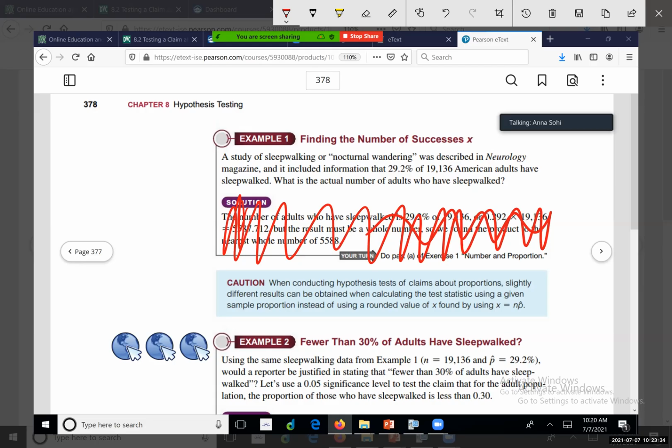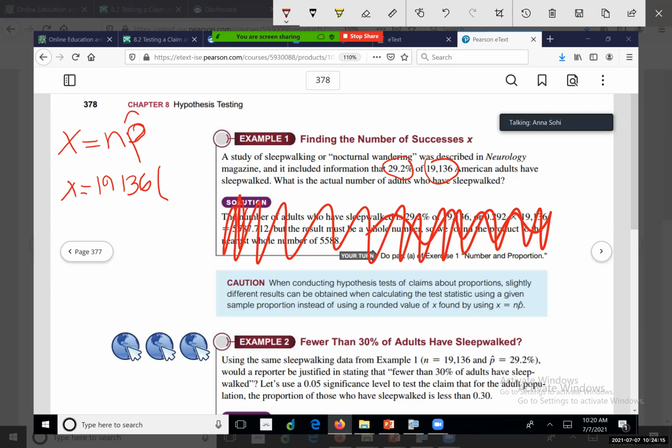So you have the proportion, you have the total. How do you find the number of people who sleepwalked? You remember we said x is equal to n times p, or p hat, either one. So x is equal to n, which is 19,136, times 29.2%.